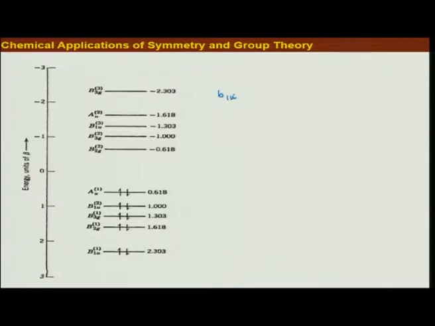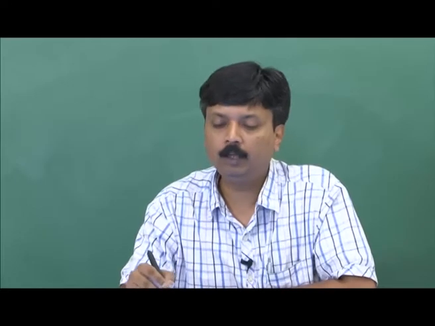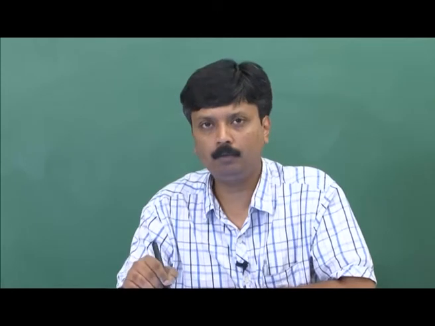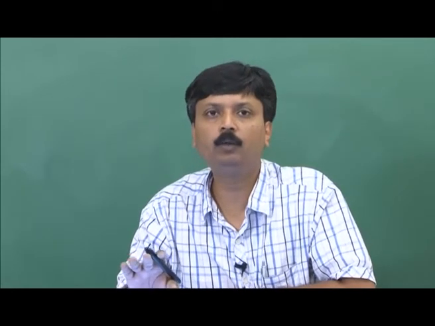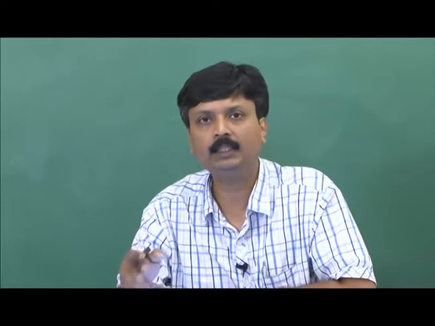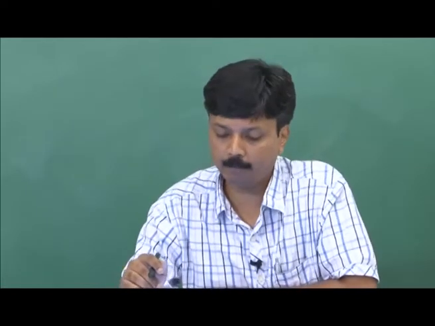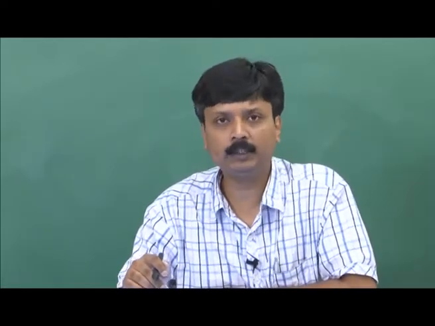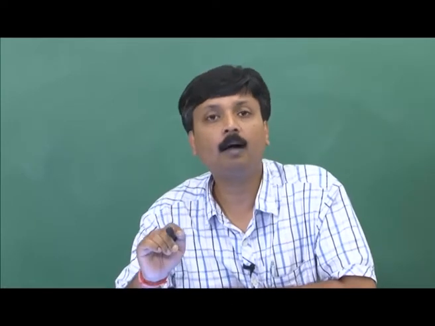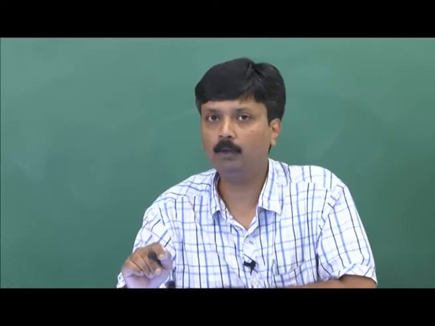Now I will use a different symbol. Instead of writing those numbers within parentheses, which would dictate that this is a separate BU having a higher energy than the previous B1U, I will use a prime notation to differentiate two different states having the same irreducible representation, and we will use a superscript to indicate the number of electrons in that particular orbital.